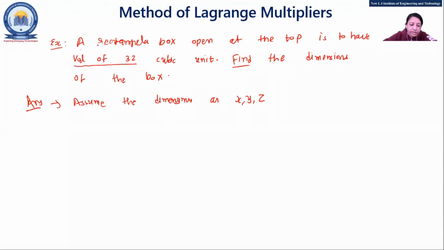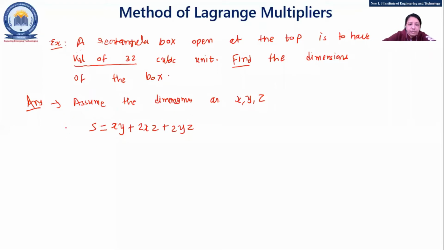The box is open from the top side, so the surface area would be xy plus 2xz plus 2yz, since one side is open.